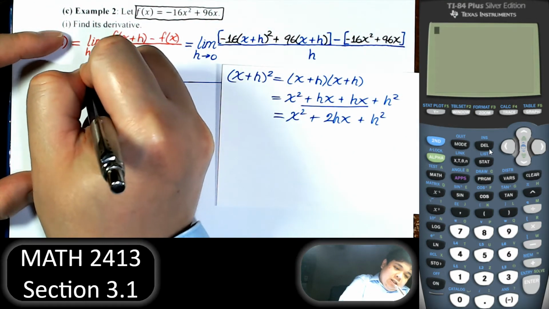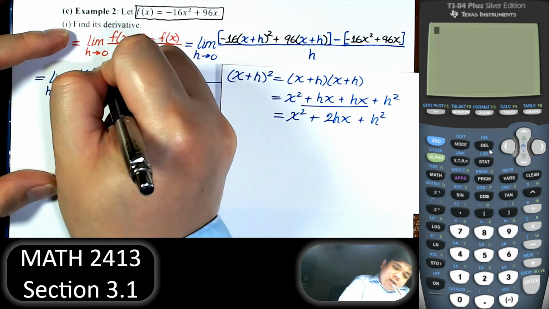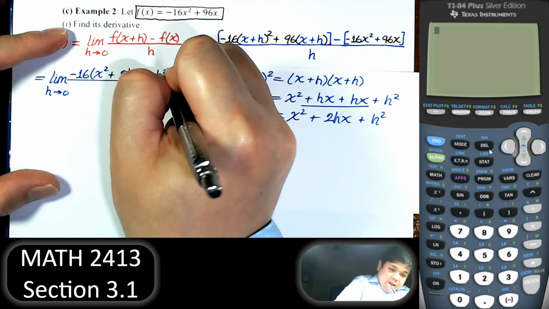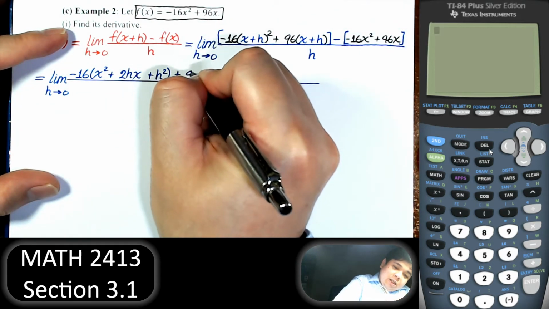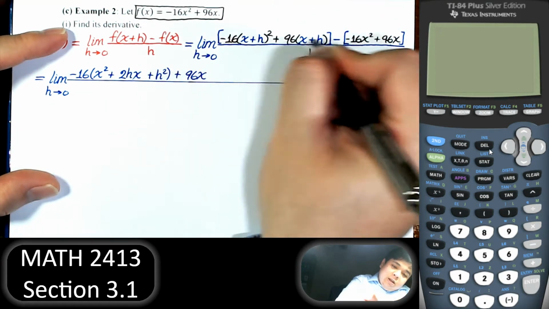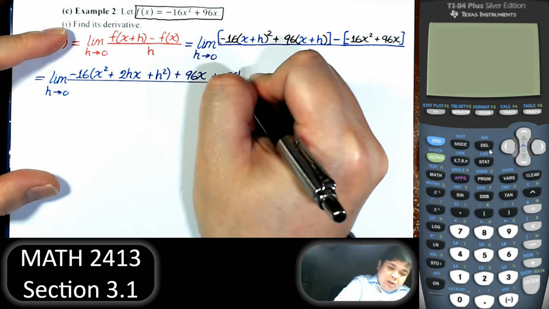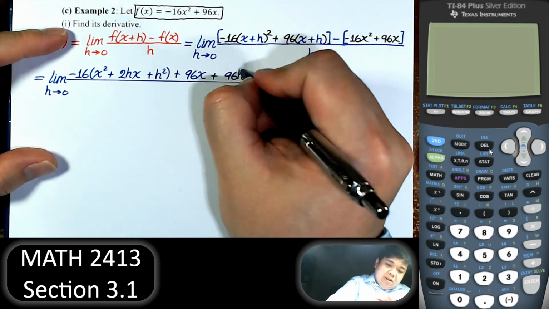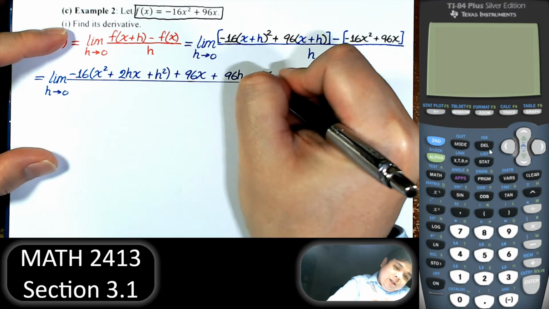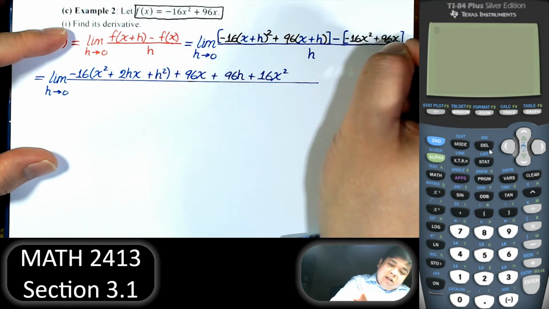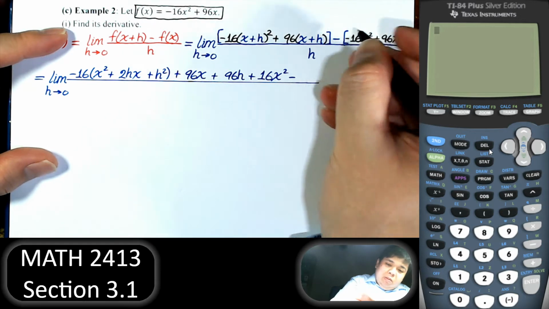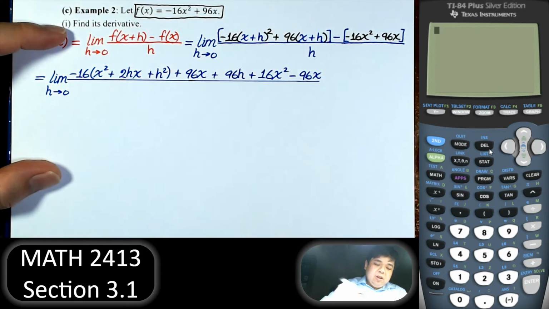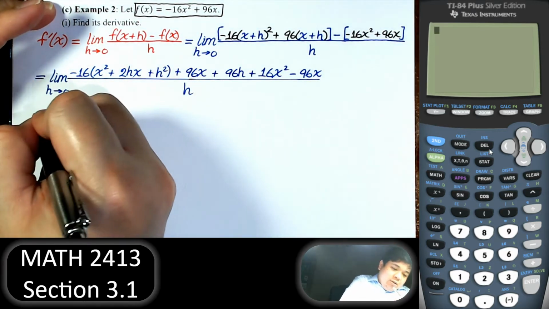Negative 16 times x squared plus 2hx plus h squared, plus 96x plus 96h, and then subtract the function: minus negative, that's plus 16x squared, minus negative 96x, over h. Right, multiply it out.